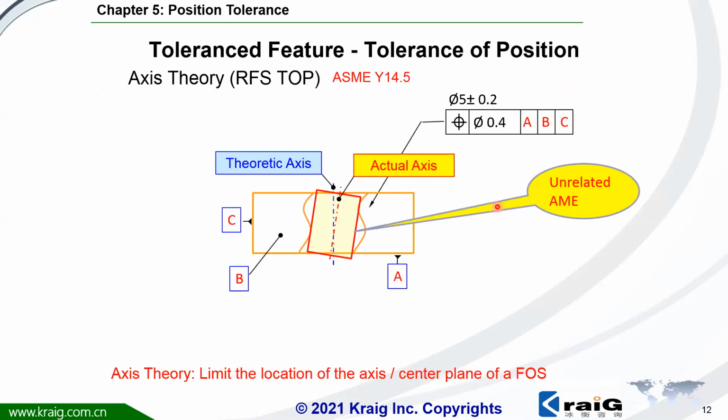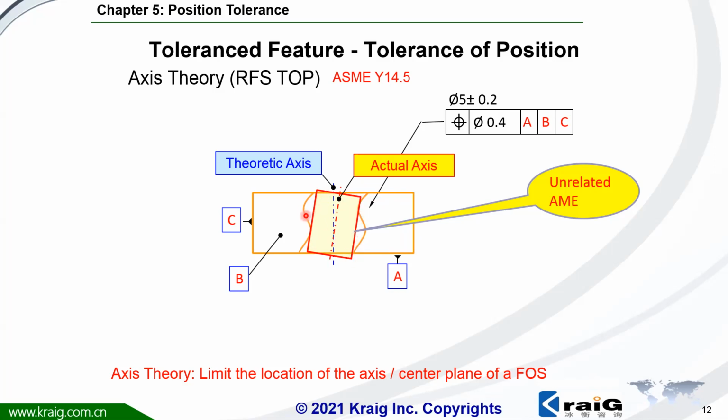What is a tolerance feature? This seems a very basic question. When we have a position tolerance here, the tolerance feature is this hole. But what about this hole produced with deformation here? So what is the tolerance feature? As we mentioned, it's the AME of this actual hole.